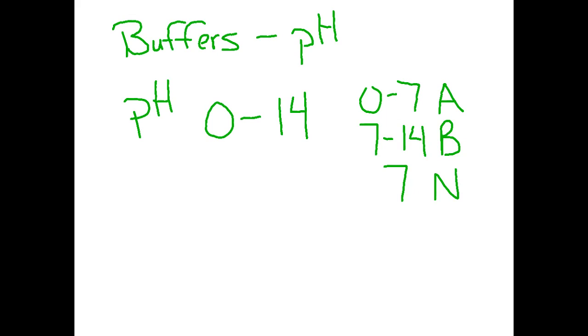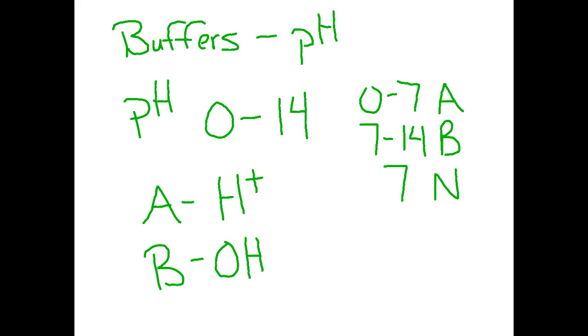We know that this means anything that is an acid has more hydrogen ions, and anything that is a base has more hydroxide ions. We know that pure water is 7 because it breaks up into exactly 1 hydroxide and 1 hydrogen ion.